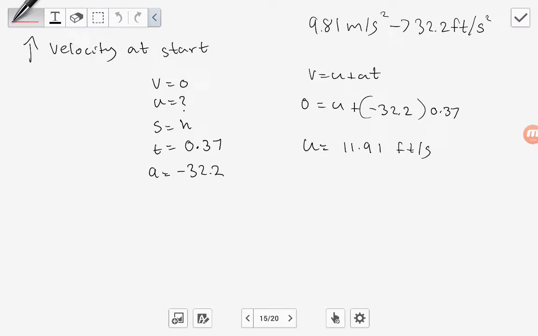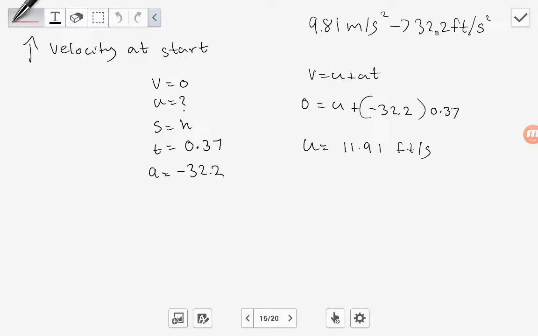And to find the velocity at start, now we know the time, but we don't know the edge. This is what we have to find, and we know the acceleration. So the velocity at start vertically, and converting 9.8 meters per second squared to feet per second squared is 32.2.